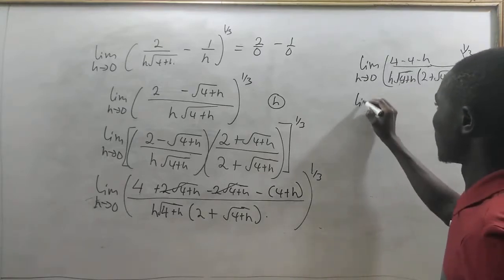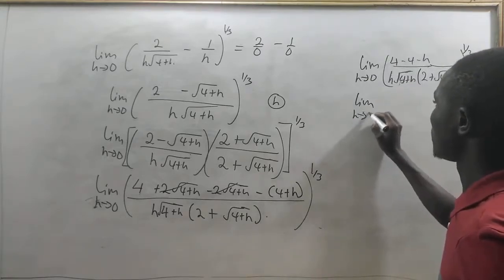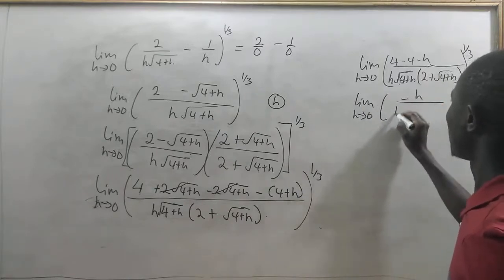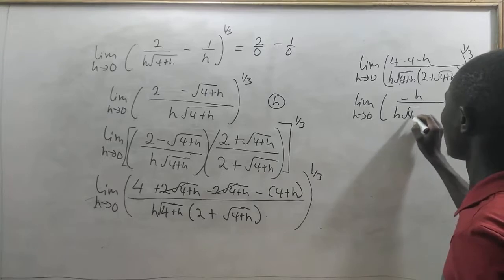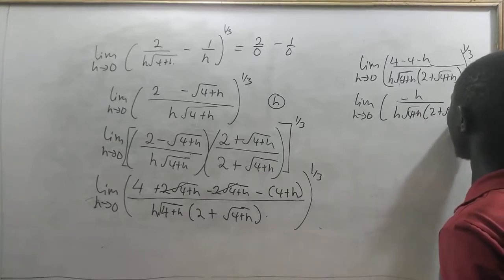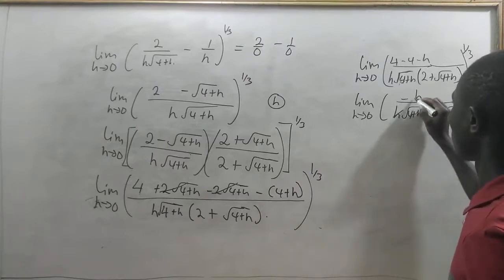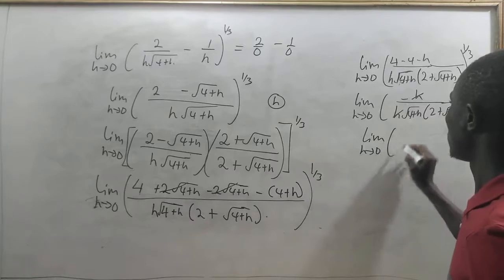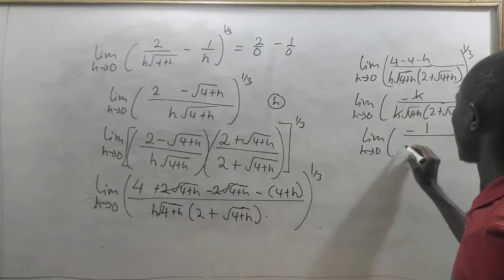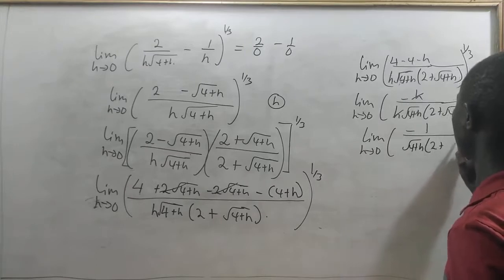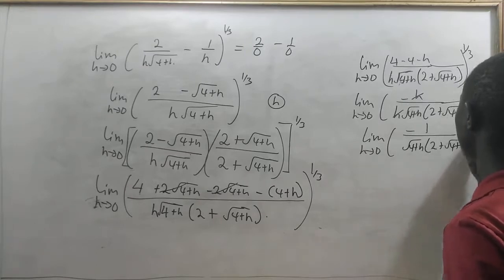So I'm going to have the limit as h approaches 0 of negative h divided by h times square root of 4 plus h times 2 plus square root of 4 plus h. Now this one will cancel this, so we have the limit as h approaches 0 of negative 1 divided by square root of 4 plus h times 2 plus square root of 4 plus h.